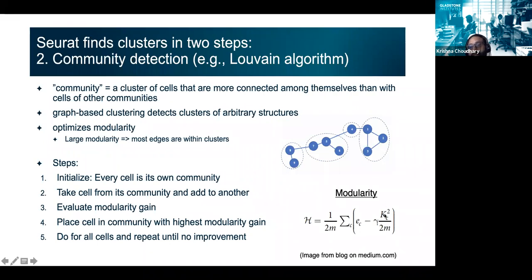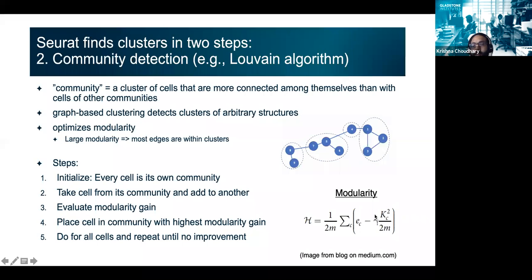KC is the sum of the degree of nodes, and m is the number of edges in the total graph. There is a parameter gamma, which we can tune. If we set this to be high, then we will get more communities because it will impact the modularity gain function, which we are trying to maximize.